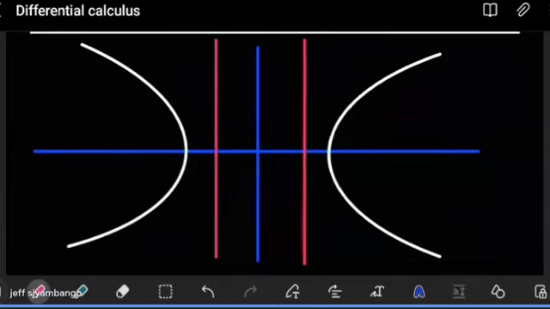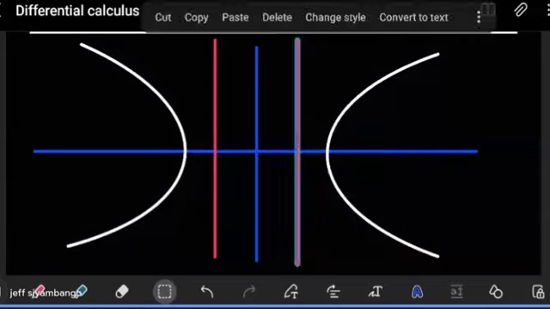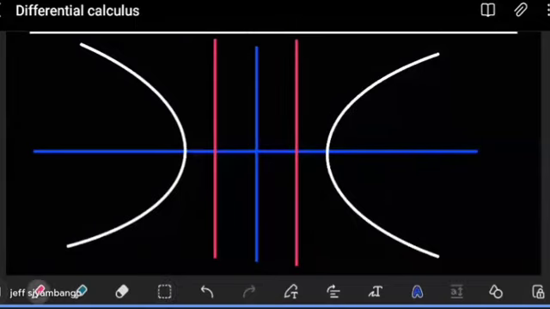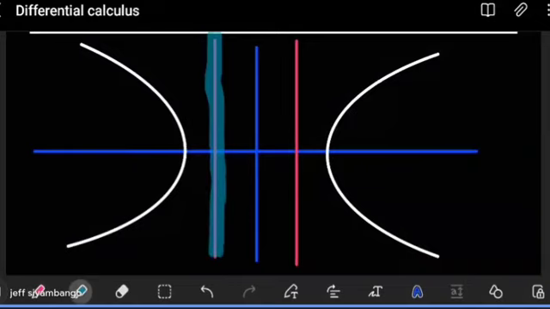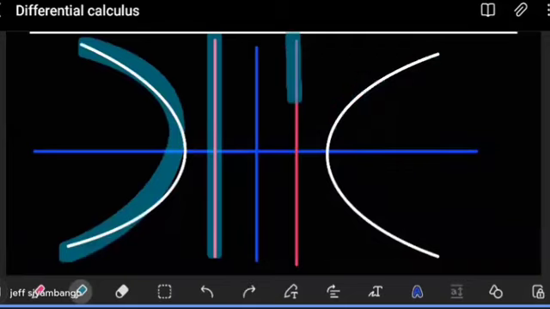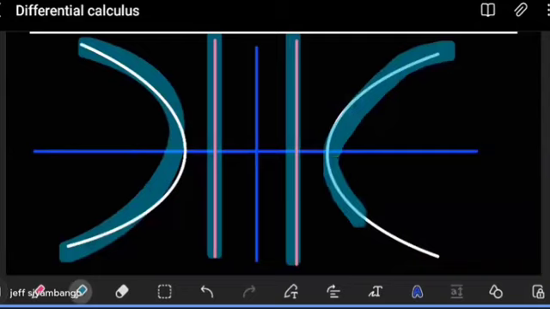Now, don't confuse this for an actual parabola, which is governed by the definition of a parabola. This is not a parabola. This is a hyperbola. Now, let's say this line gives us the directrix of this piece, and this one gives us the directrix for this piece.